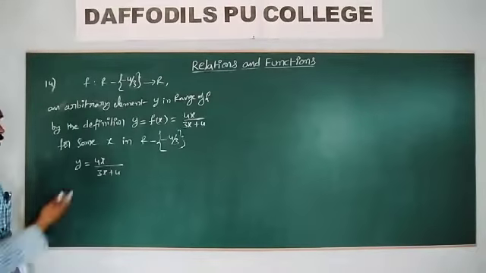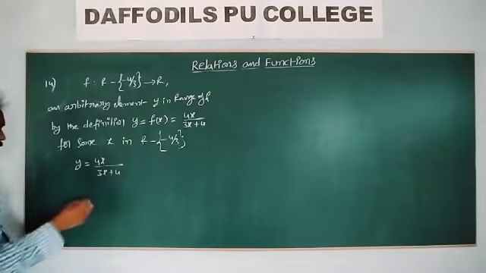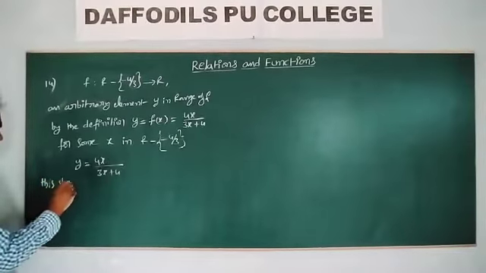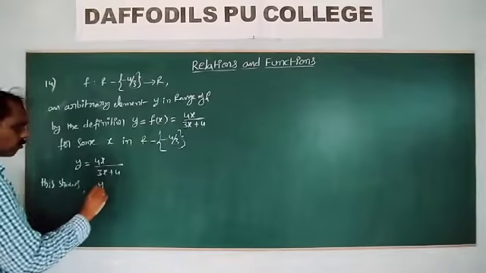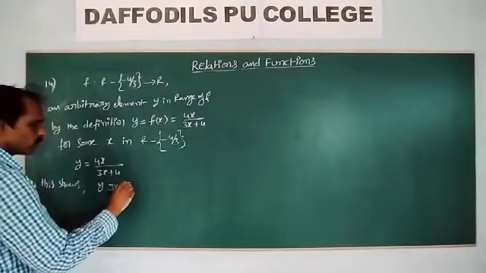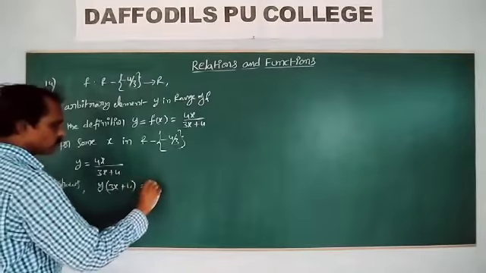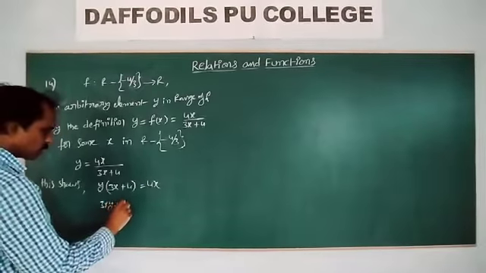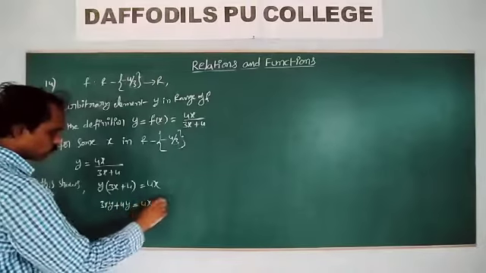Next, y is equal to 4x by 3x plus 4. Convert this to x as the subject. You can write y times 3x plus 4 is equal to 4x. So 3xy plus 4y is equal to 4x.